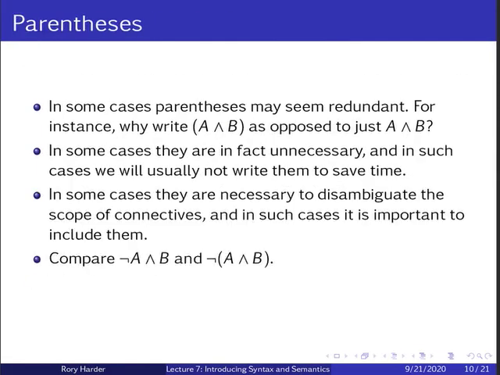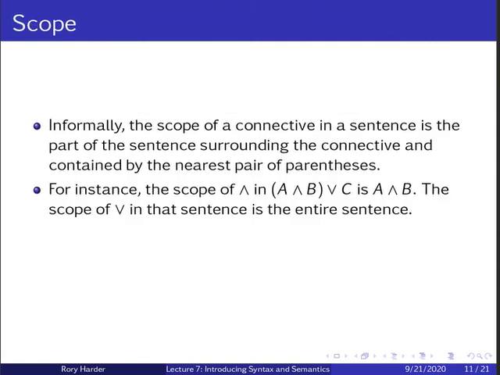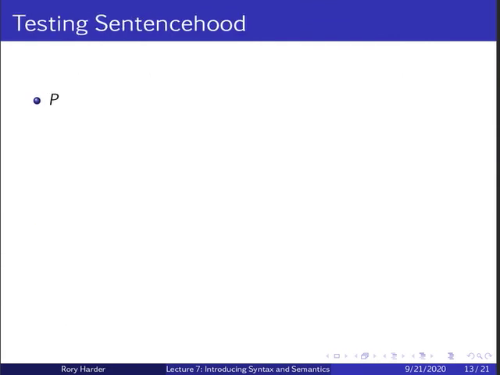To return to the rules, again, these rules only introduce parentheses when they're surrounding complex sentences which we have built up from the basic sentence letters and connectives. So the parentheses will never occur just by themselves as a sentence. These rules do not let us build simply two parentheses with nothing in between.